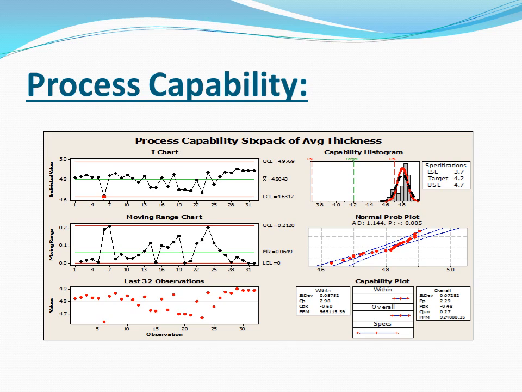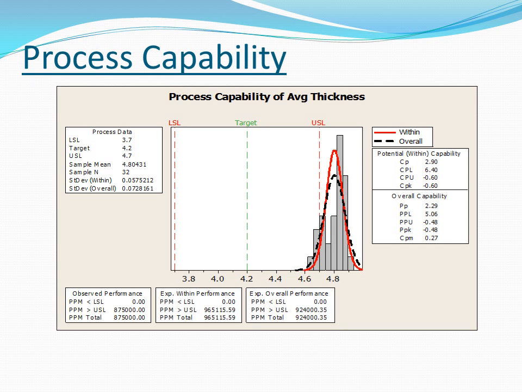In the process capability, we can find that the individual values for all the 32 plates are wavering, and we have only one point at 5 which is out of control, and everything else is fine. In the process capability histogram, we can find that it has shifted to the right and crossed the USL, the upper specification limit, by around 0.2 points.